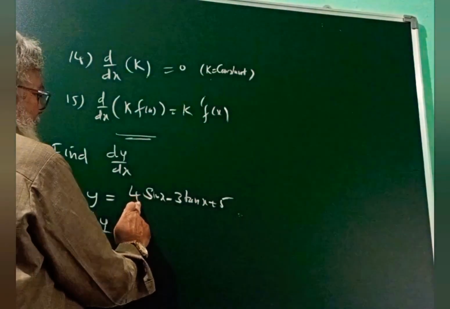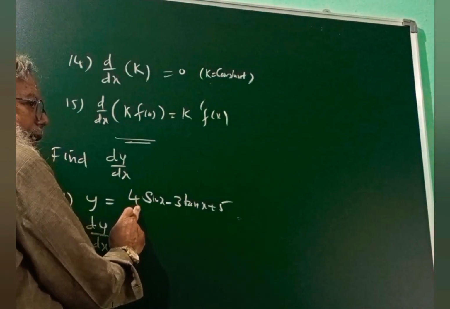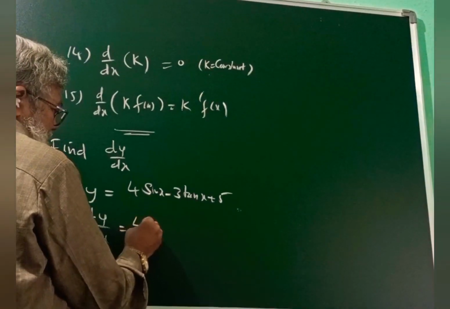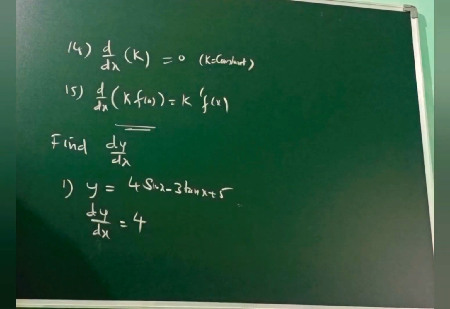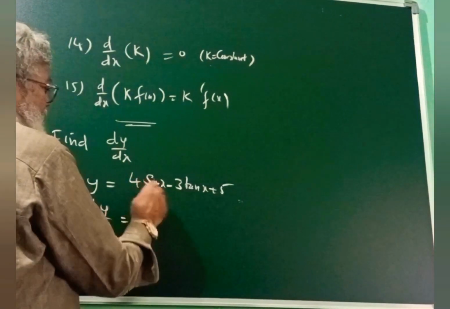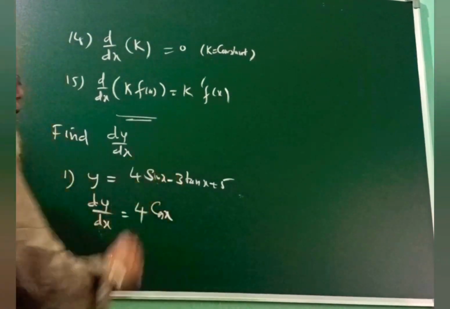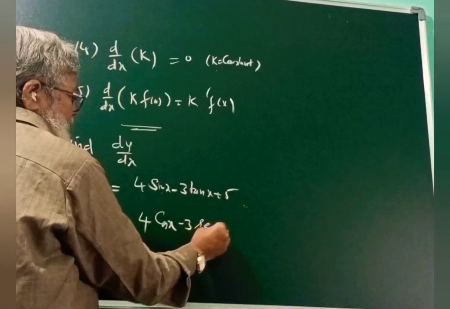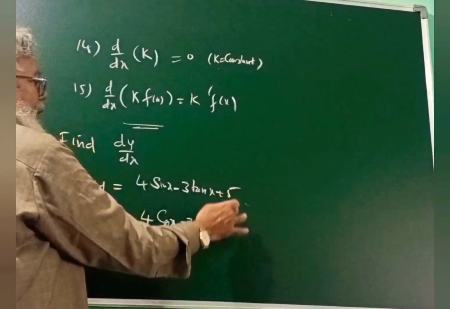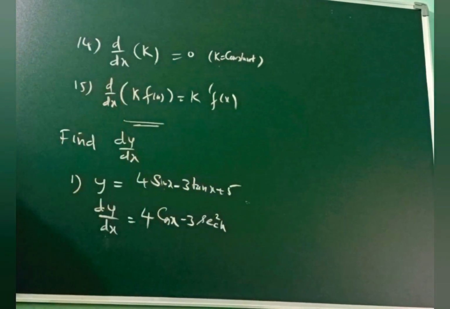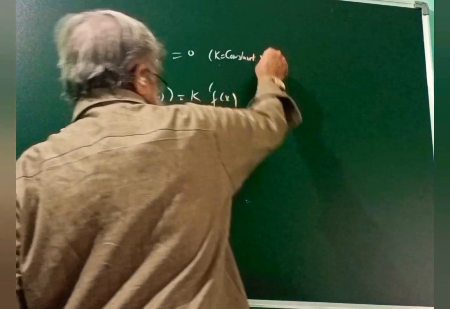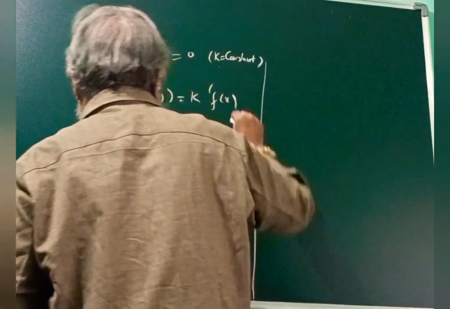See this function: 4 is a constant in product with sin x, so by the formula it should be kept as it is, and differentiation of sin x is cos x, we know that. Again minus 3 is also a constant, and differentiation of tan x is sec square x, and differentiation of an independent constant is 0. So the derivative is given by 4 cos x minus 3 sec square x.